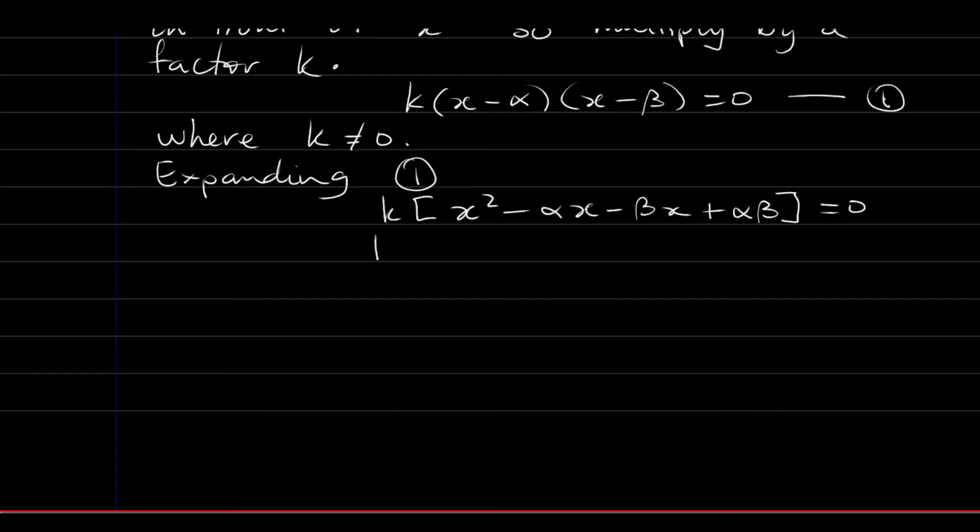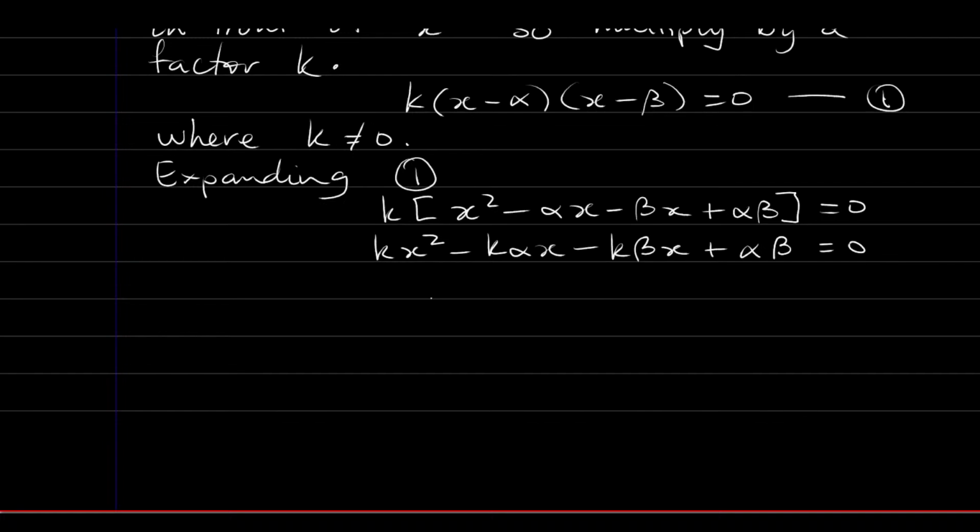Multiply everything throughout by k. I'm going to get kx squared minus k alpha x minus k beta x plus k alpha beta equals 0.